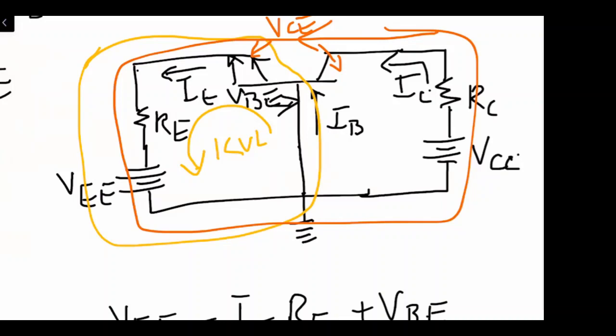But as we know, the IC is actually equal to IE, right? So what we can say is, if you see the two biasing sources, when you are moving in the loop, they are reinforcing one another, right?